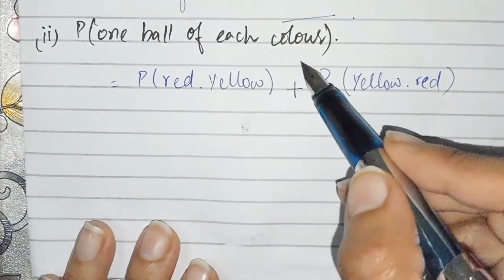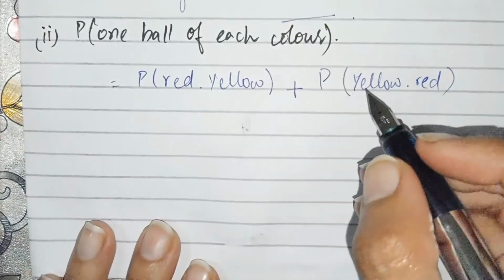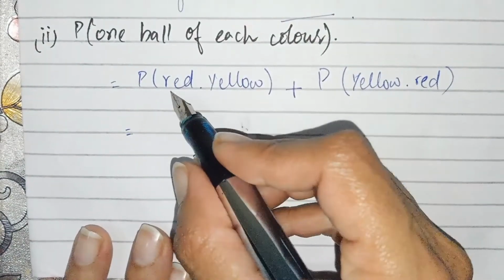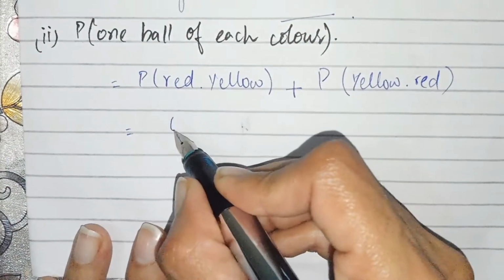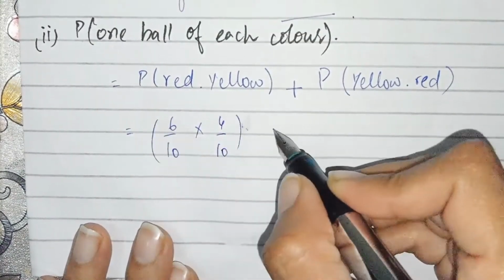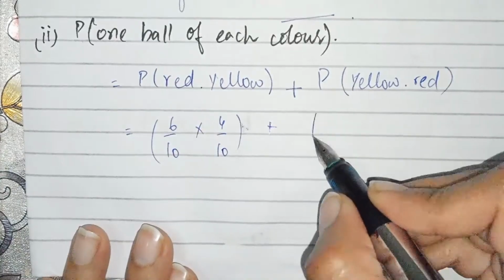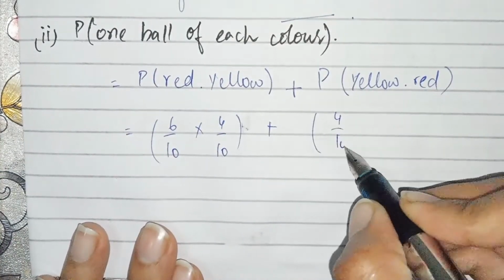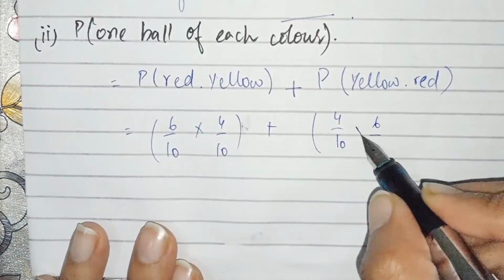The probability of red is 6 by 10 and yellow is 4 by 10, and yellow 4 by 10 and red 6 by 10.